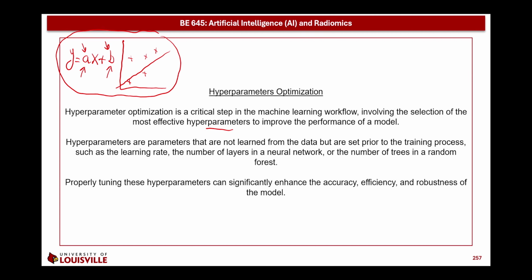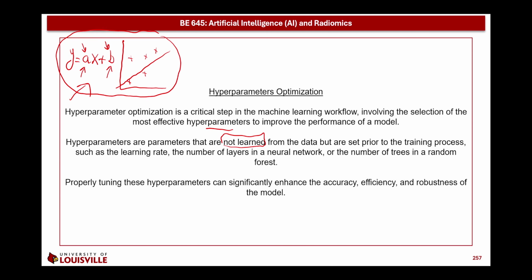Hyperparameters are the parameters or configurations that are not learned. So in our example here, a and b are trainable or learnable parameters, so they are not hyperparameters. But the hyperparameters are which technique, which approach, which model to be used to get the highest performance.